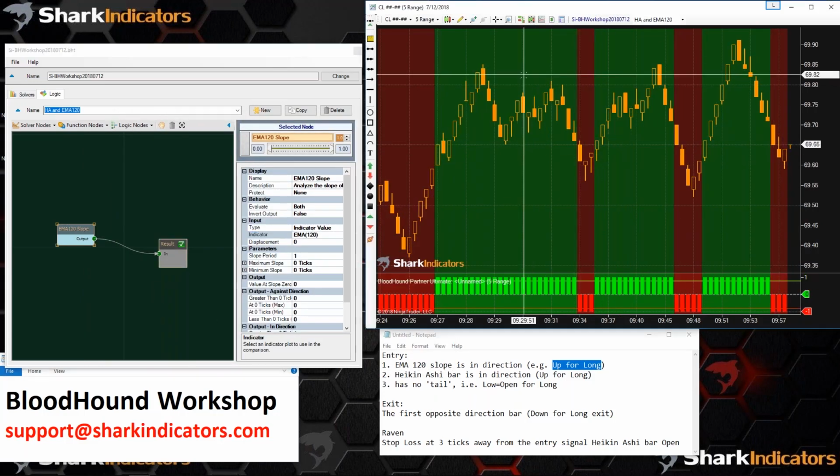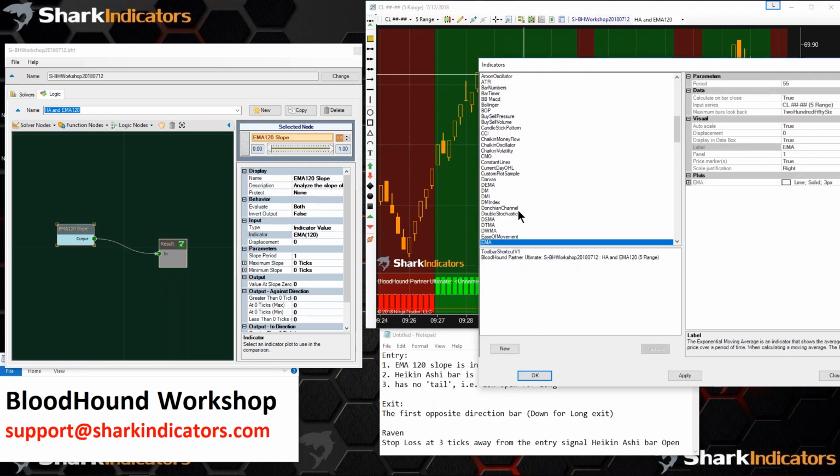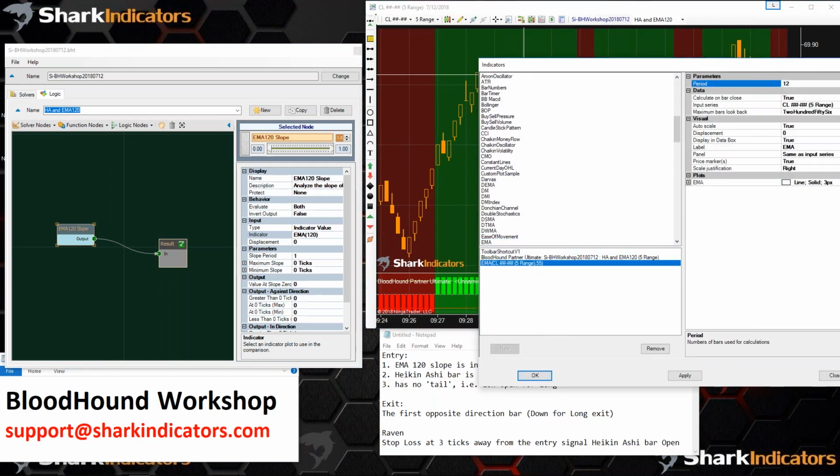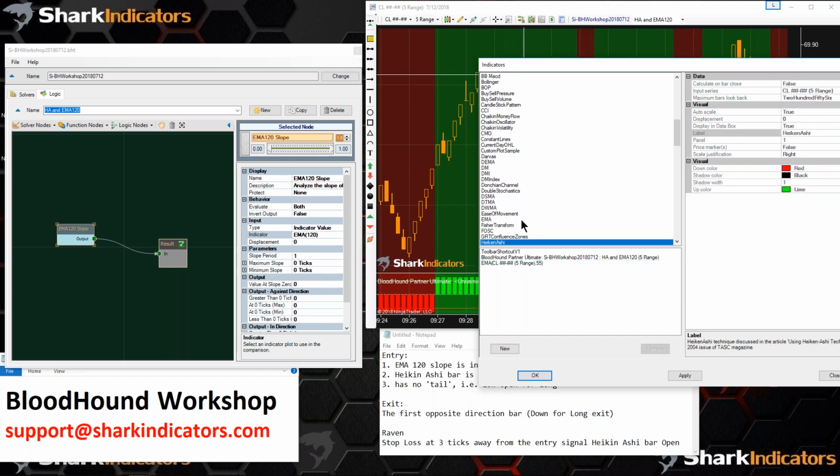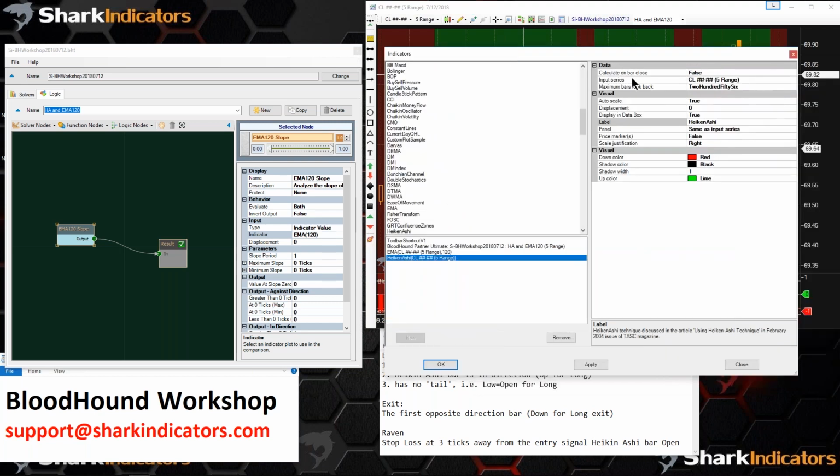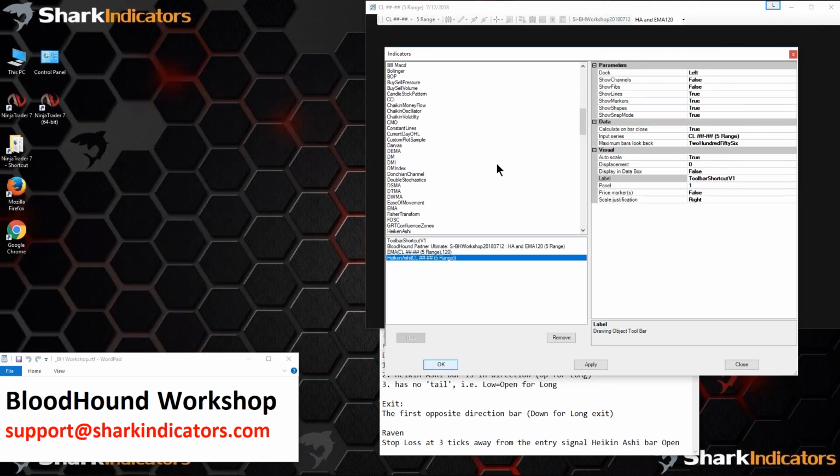And I guess before I get too far ahead of myself, let's put these indicators on the chart. All right, so there's the EMA, and we also need the Heiken Ashi. All right, so let's put those on the chart there.